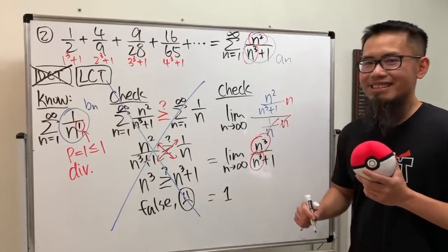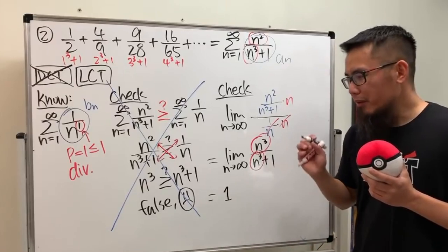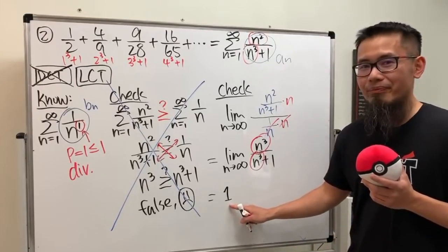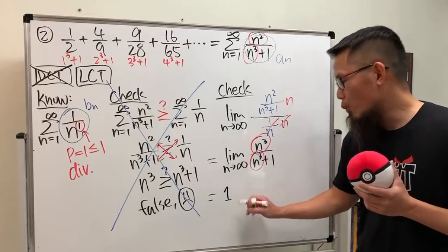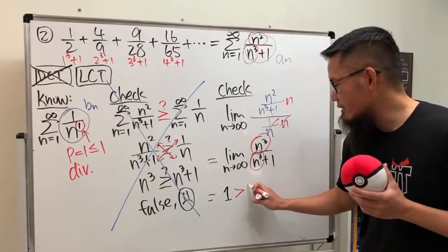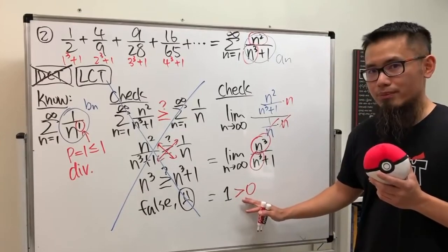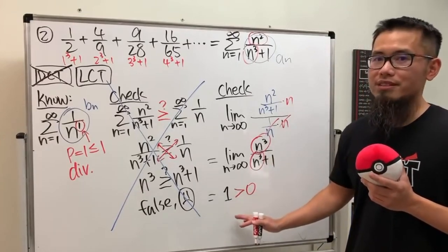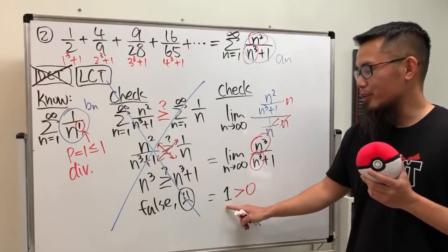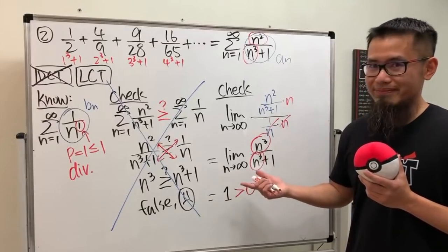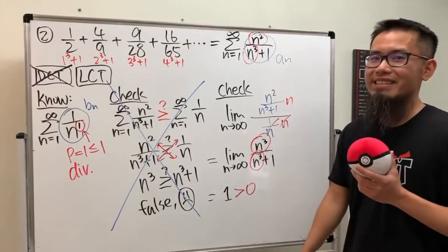But yes, that's the answer, and you have to remember the condition for us to use it. You have to mention that 1 is greater than 0. This is finite and not 0. And congratulations, because this is a finite value, positive and not infinite, we can draw a conclusion with the limit comparison test.